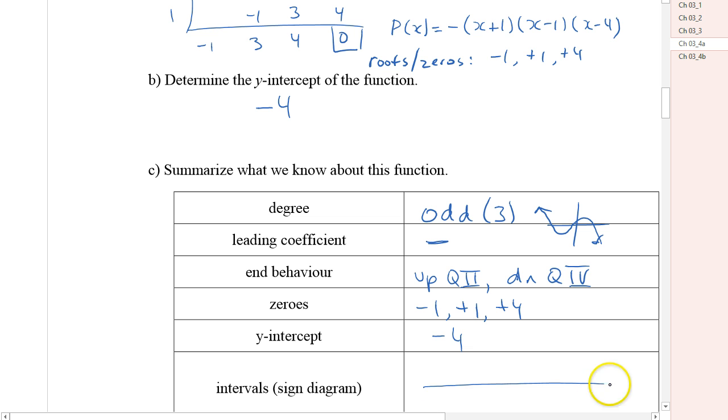When I draw my sign diagram, I'll use those zeros, negative 1, plus 1, plus 4. Looking at this shape here, it'll be positive here, and then between here and here, it'll be negative. There it will be positive, and then it'll hit negative again.